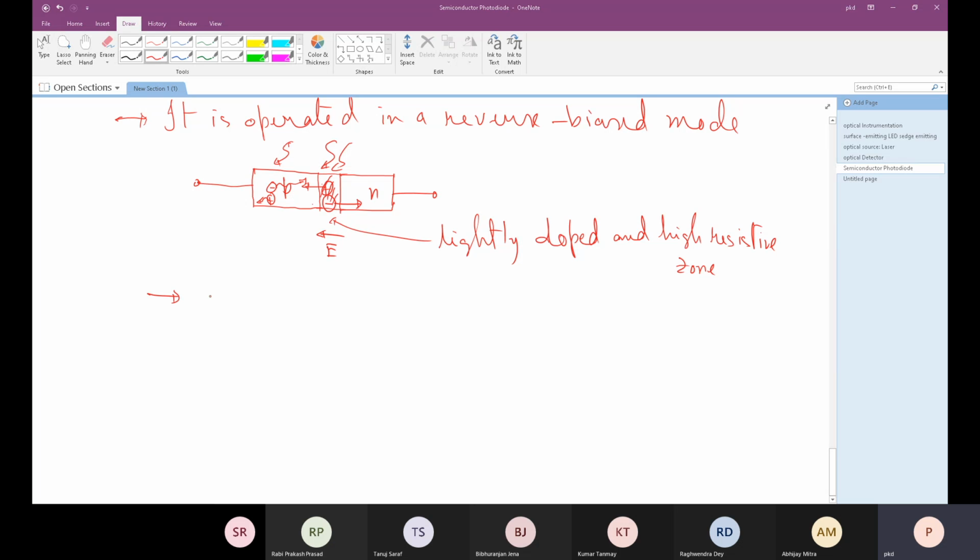So therefore, the sensitivity of PN diodes is not that high compared to the other type like PIN or the photoresistive one.